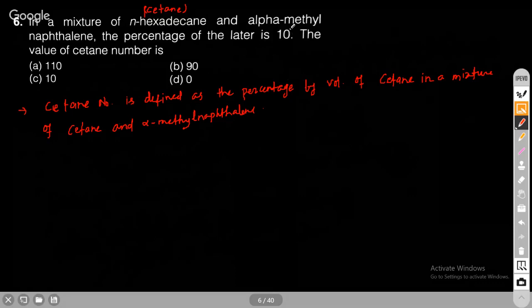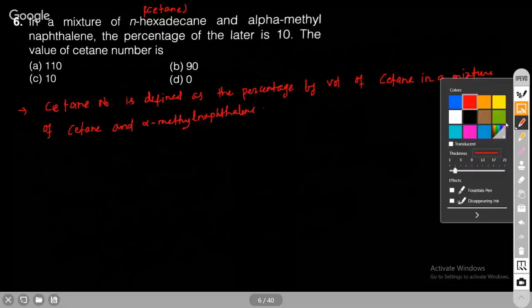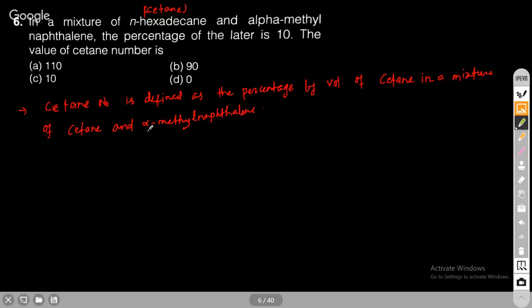So the volume percent of the latter, meaning this compound, alpha methyl naphthalene, is given, which is nothing but 10%. So what is the cetane number? It is defined as the percentage by volume of cetane in a mixture of these. So if 10% by volume methyl naphthalene is present, then cetane is present at what? 90% by volume. The answer is option B.